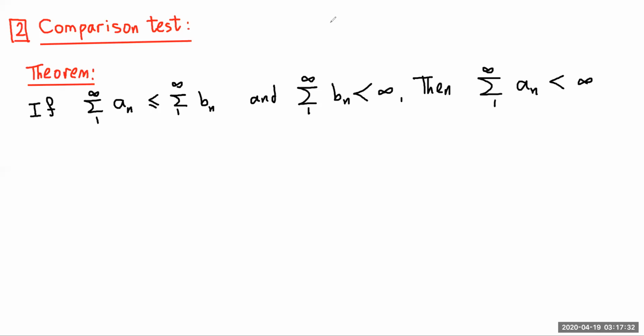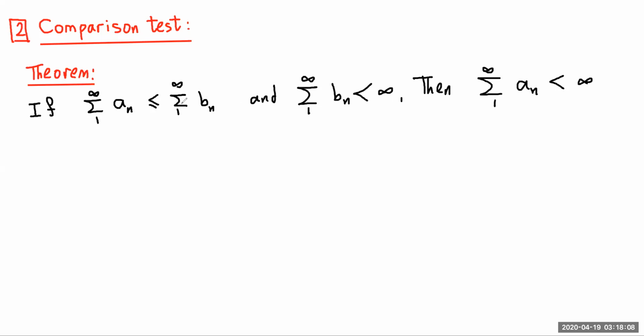The second test for positive series is the comparison test. We have a theorem here that says if the series sigma an is less than or equal to the series sigma bn, and if we suppose that the series sigma bn converges, or is less than infinity, then the smaller series sigma an will converge also.